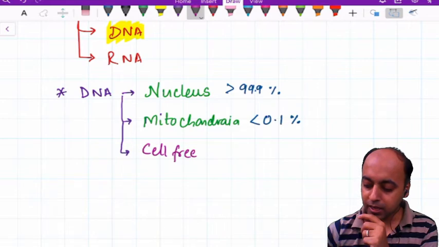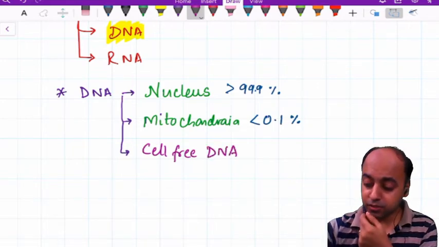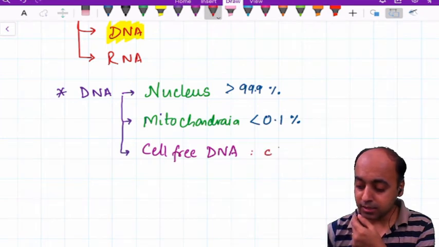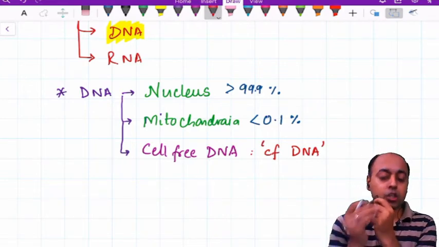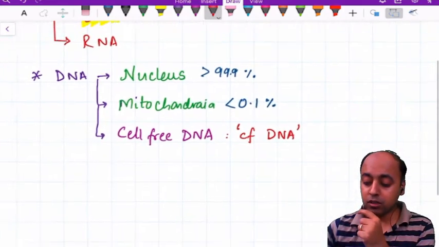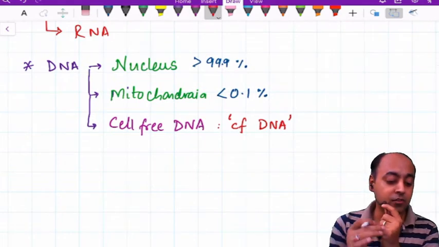We call it the cell-free DNA, sometimes written as cfDNA. The new techniques have been evolved making use of the cell-free DNA.